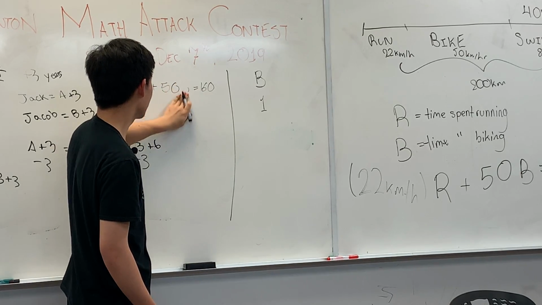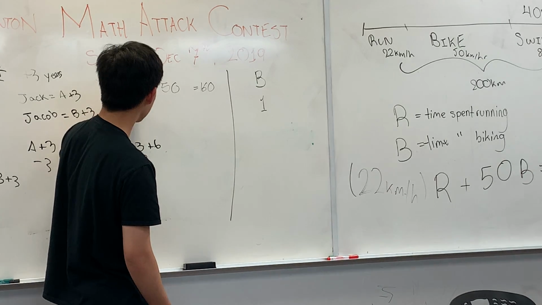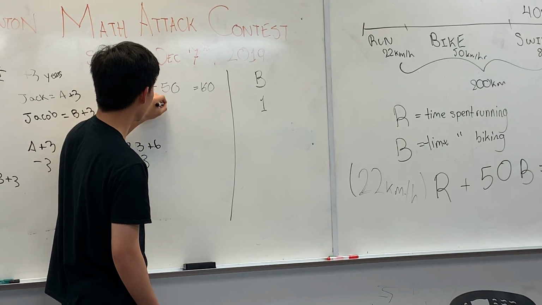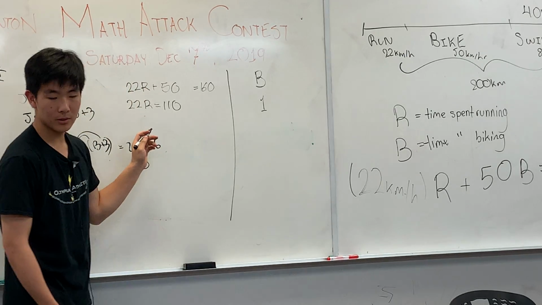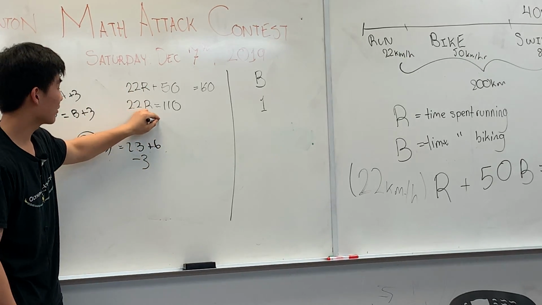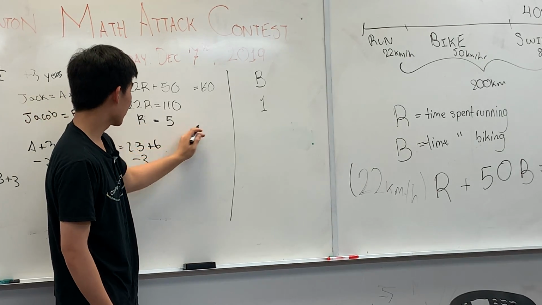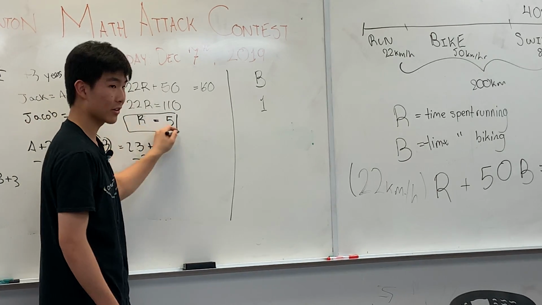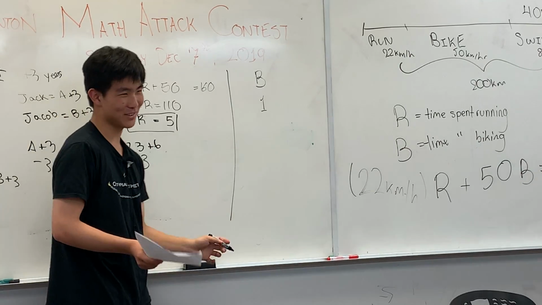So B was 1, then we would have 50. We subtract 50 from both sides. We go 22R is equal to 110. So then we divide both sides by 22, and you get R equals 5. So this is an integer. This is great, right? So we already have our solution because I made it to be easy.